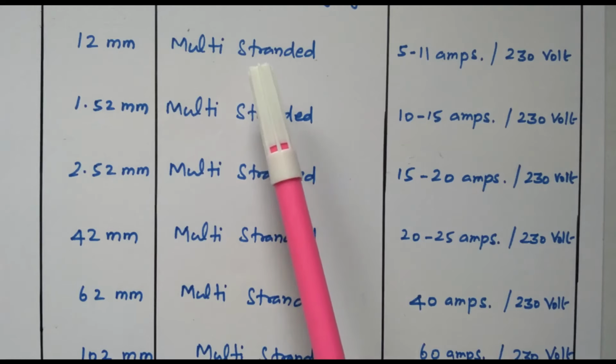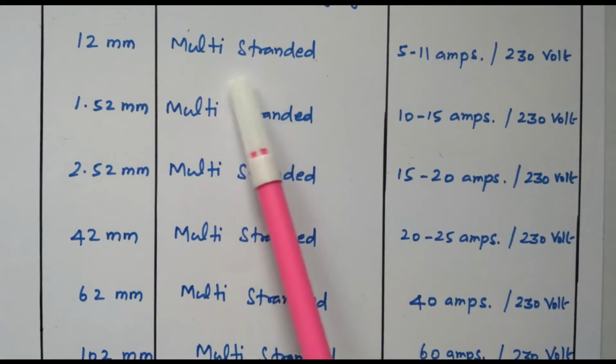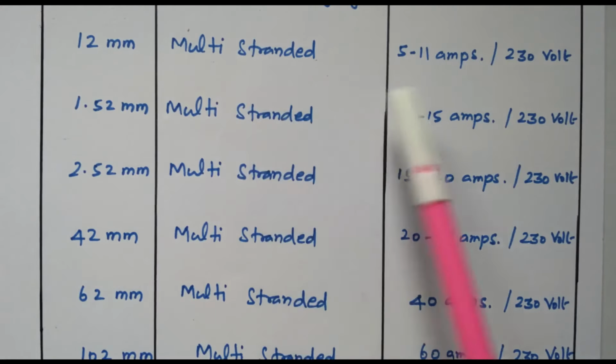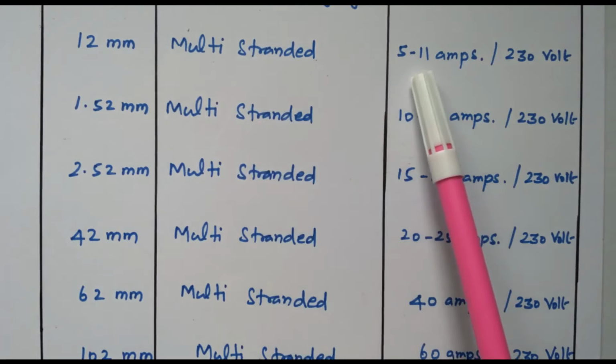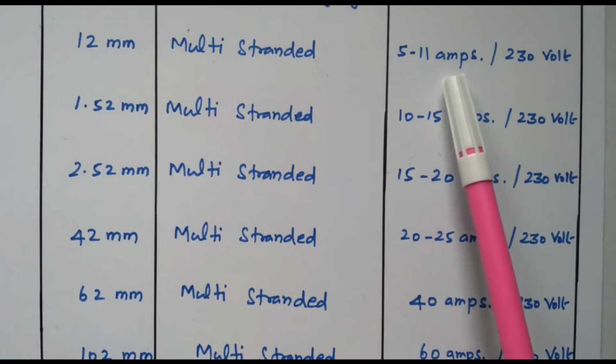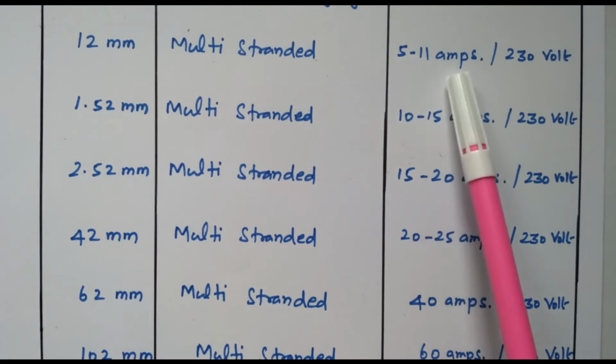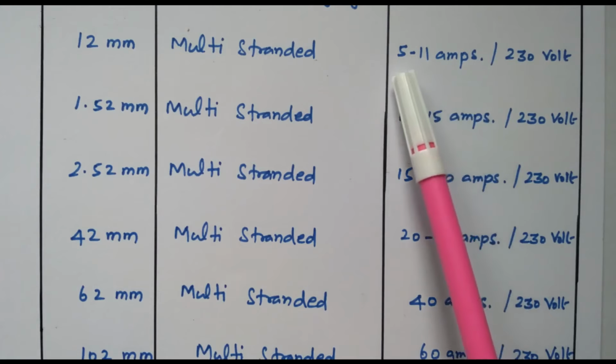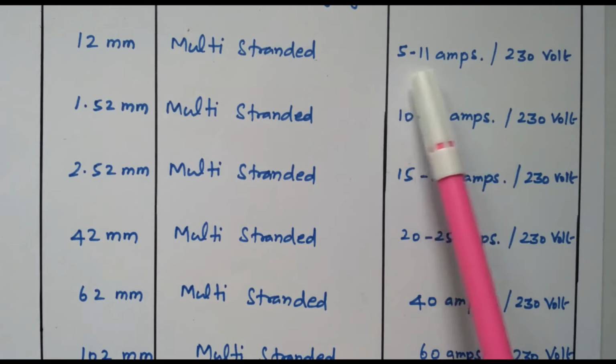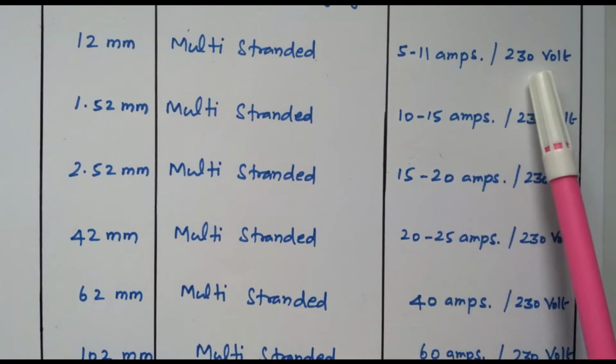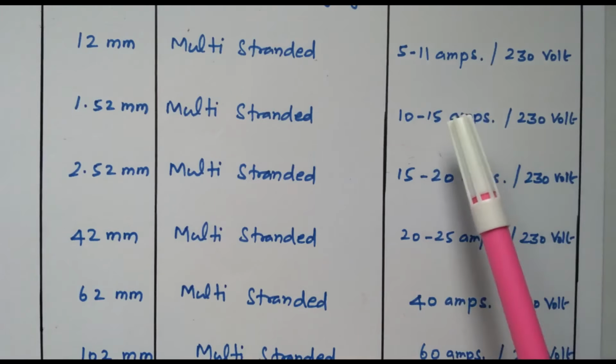Now here it is multi-stranded. The current carrying capacity is 5 to 11 amperes. The voltage remains the same, 230 volts.